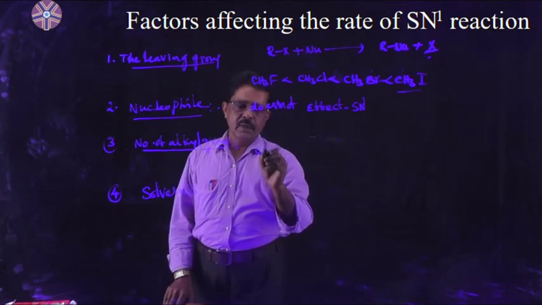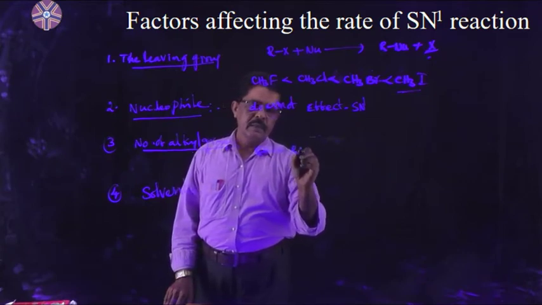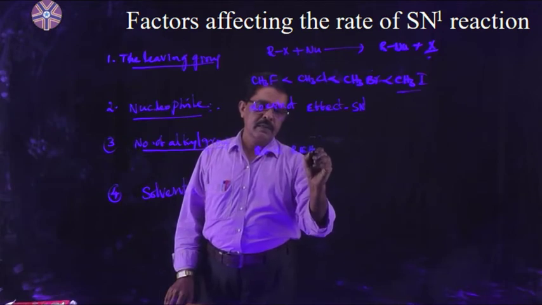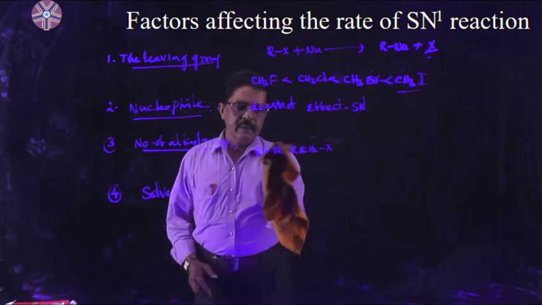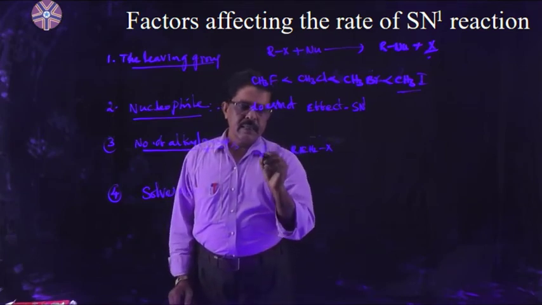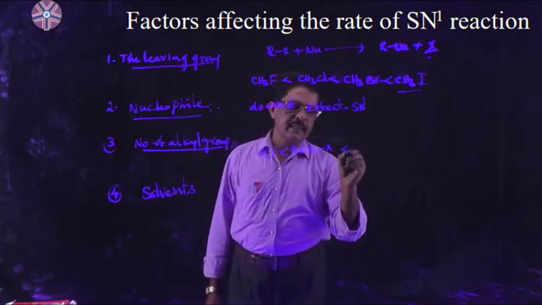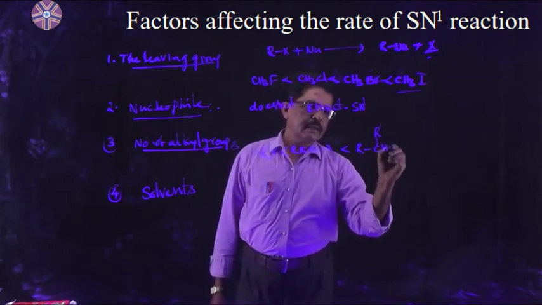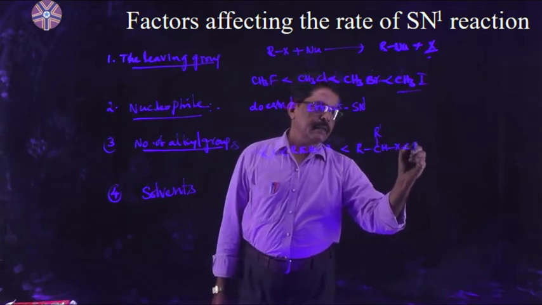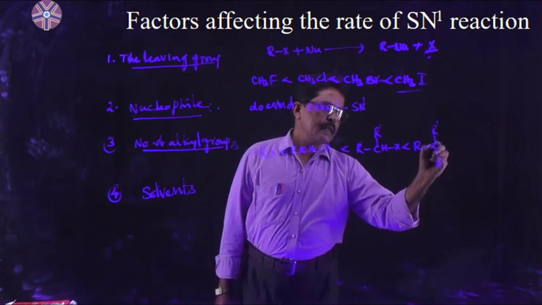For example, RX is less than CH2RX, less than CHR2X, less than CR3X.